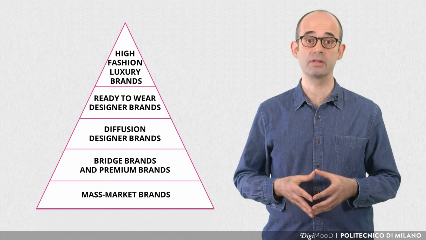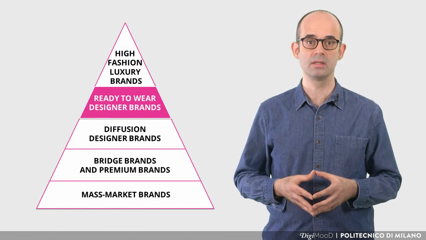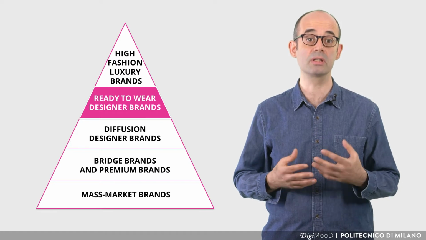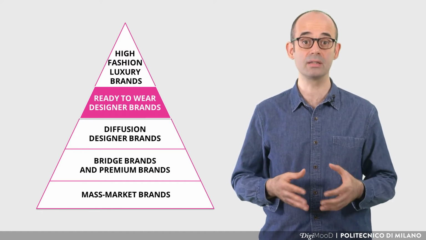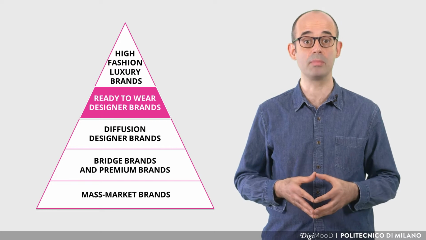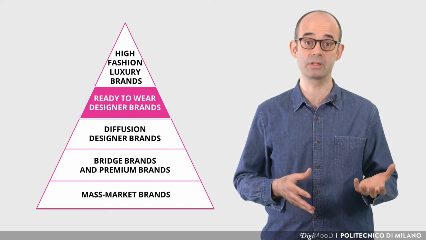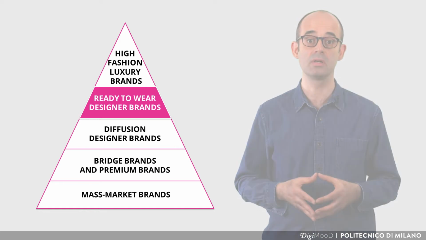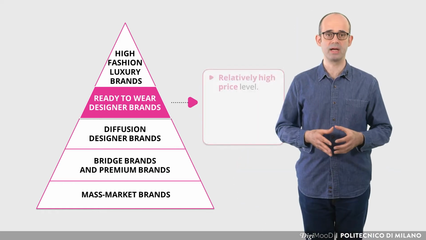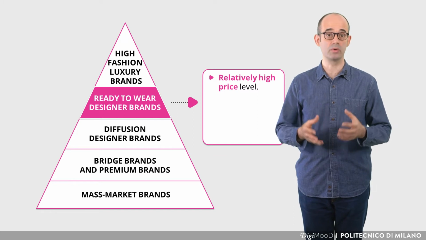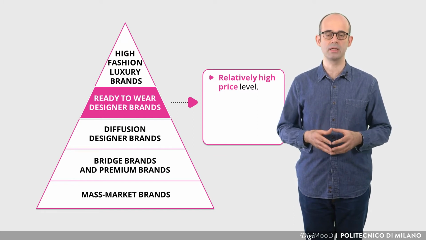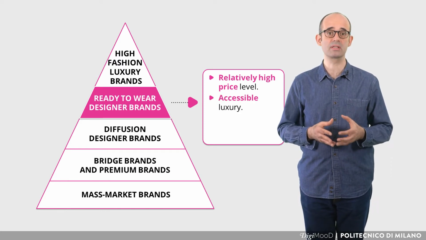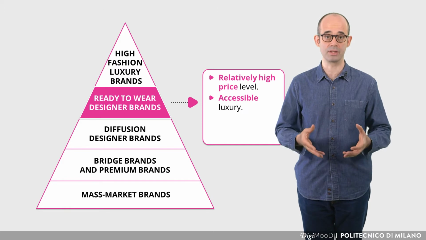The second level refers to ready-to-wear brands. This market segment is the result of Italian creativity which in the 1970s defined a new design approach by combining the creativity of haute couture tailors with the dynamism of the emerging Italian fashion industry. From the point of view of price, it is positioned below haute couture while maintaining a relatively high price level, defining a market that we could describe as an accessible luxury.